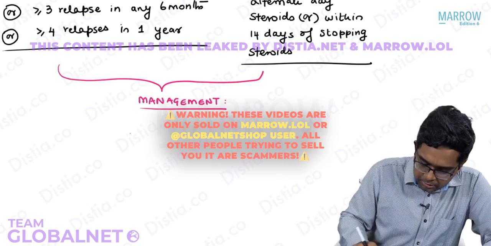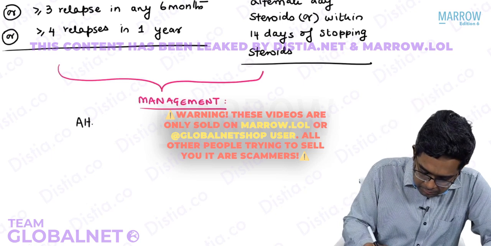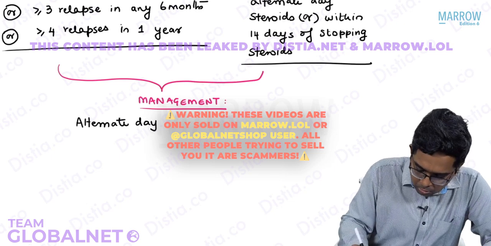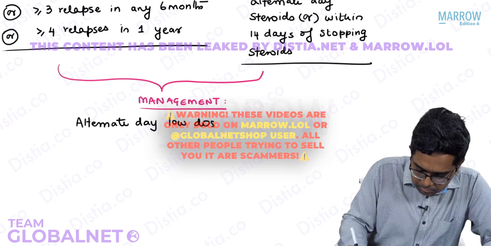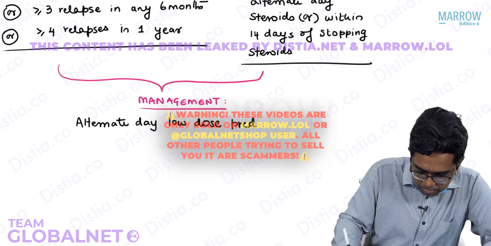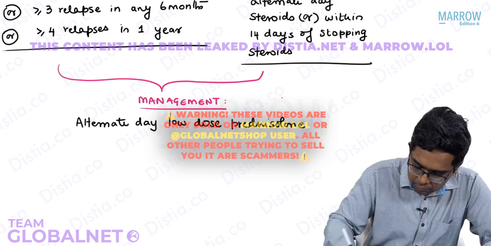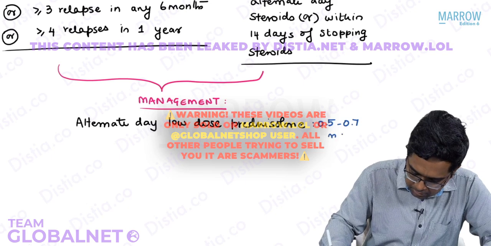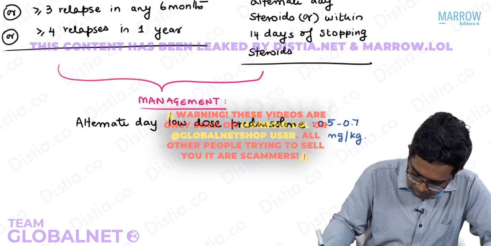The management includes administration of alternate day low dose prednisolone at a dose of 0.5 to 0.7 milligram per kg, right?